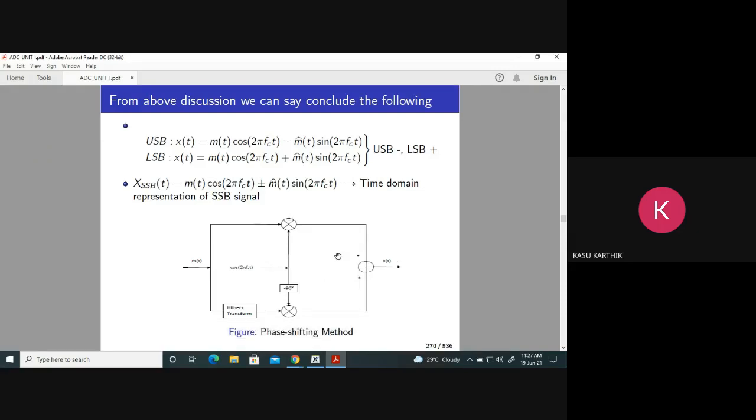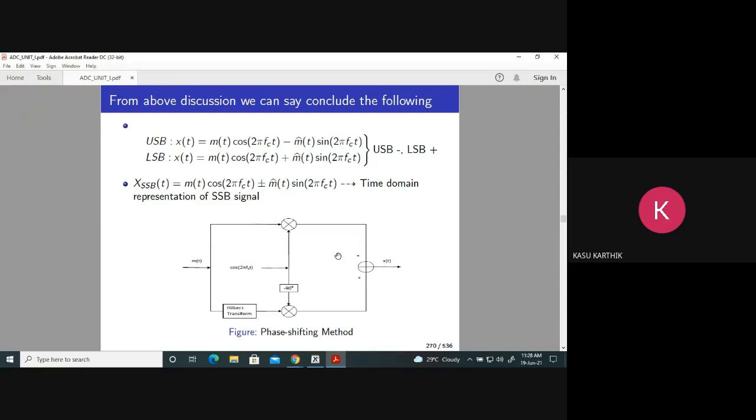This is generation. So this is one more generation. It's called phase shifting method. I told you just now one method that is called frequency discrimination method. What are you doing there? You are generating DSBSC and removing or separating one of the sideband using ideal filters. Here we are using Hilbert transform.